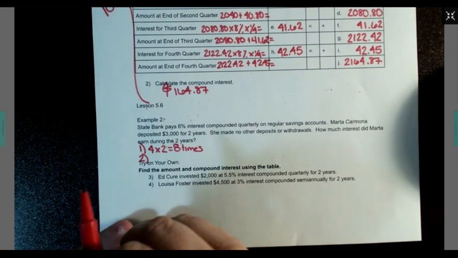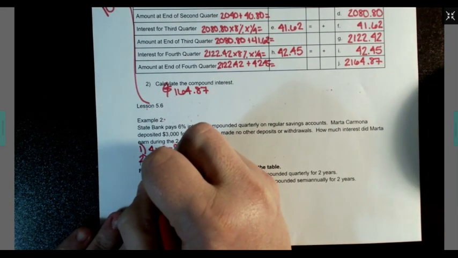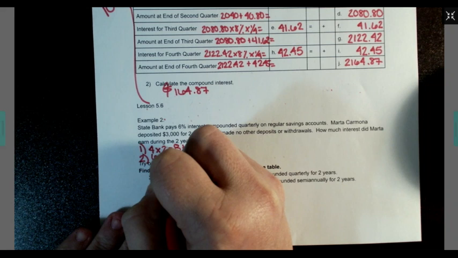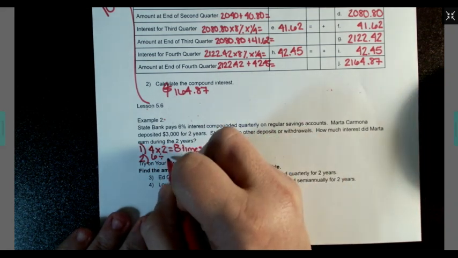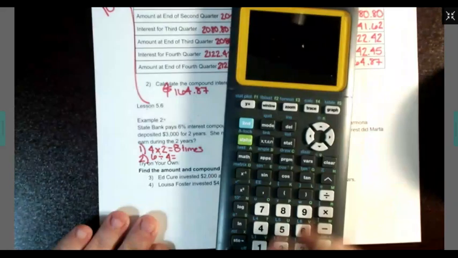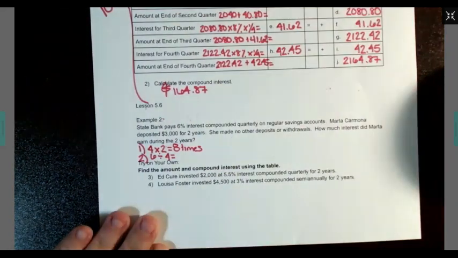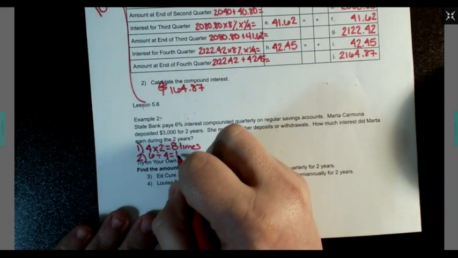Step 2 said find the interest rate per period. So we're going to take our annual rate and divide by the number of periods per year. So we're going to take 6 divided by 4 because we're compounding this 4 times a year, which gives me 1.5%.